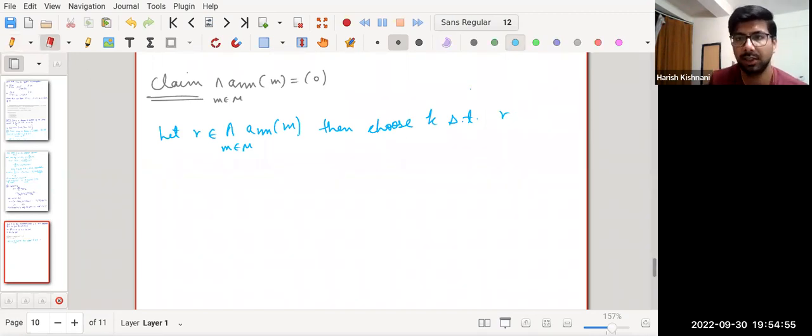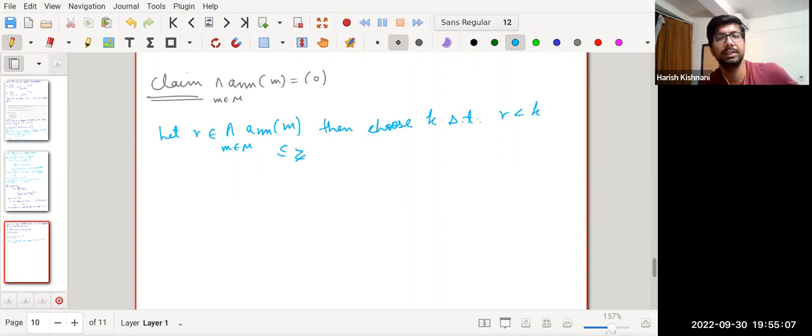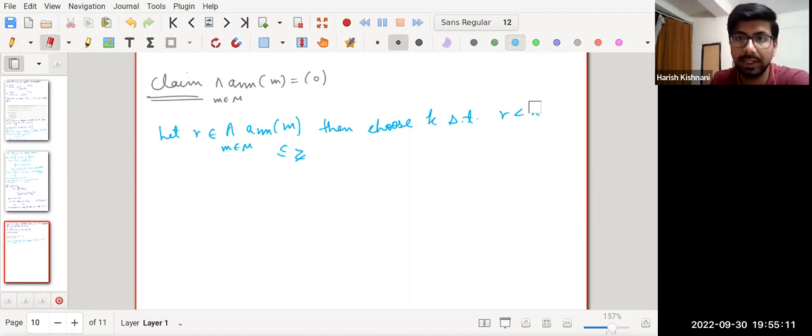See here your ring is Z, so this annihilator has to be a subset of Z. So we can choose an integer r such that r is less than 2 raised to k.